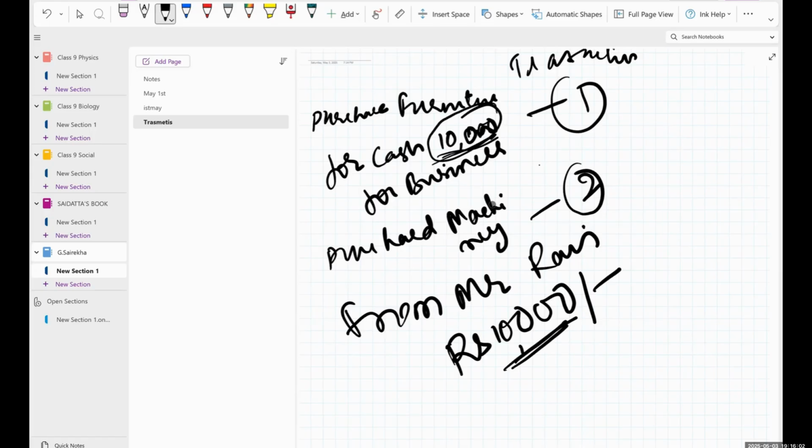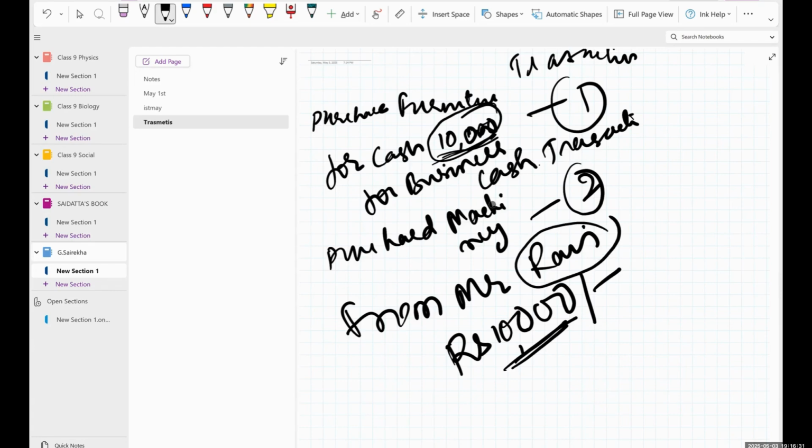You didn't mention anywhere that you paid 10,000 cash. So what does it mean? Here you are paying cash and purchasing furniture, so this is called a cash transaction. Here you are not paying anything, but you said to Ravi, okay, the machinery cost is 10,000, now you send the machinery, later on I'll pay.